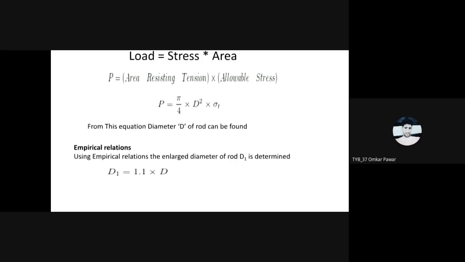But as we want the enlarged part, we are going to increase the dimension. So from the design data book, we take this empirical relationship and find the diameter D1. That D1 is given as 1.1 times the rod diameter, and from this we can find the D1 dimension. Till now you can see that we have found the diameter of the rod, capital D, and then the enlarged diameter D1 of that same rod.